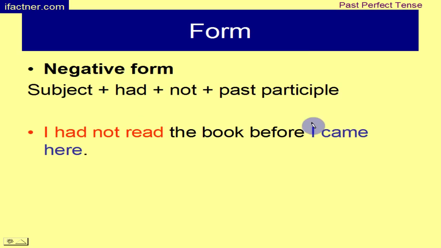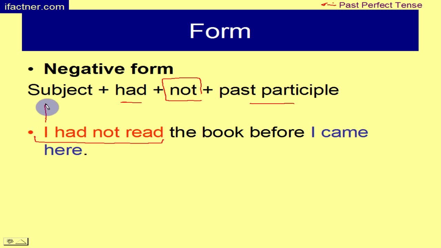Now let's see how we use past perfect tense in the negative form. It's really simple. You just have to add not between had and the past participle form of the main verb. Let's see an example. I had not read the book before I came here. Here we have this part of the sentence in past perfect tense.